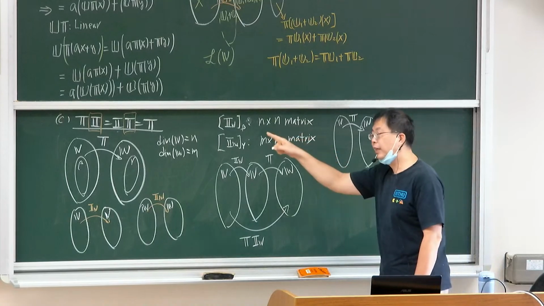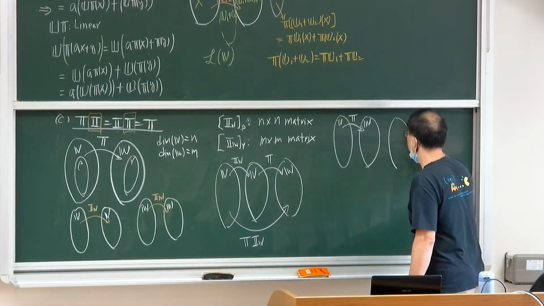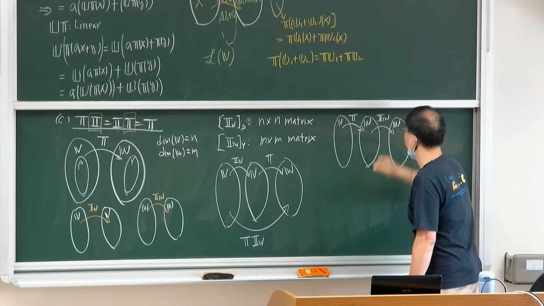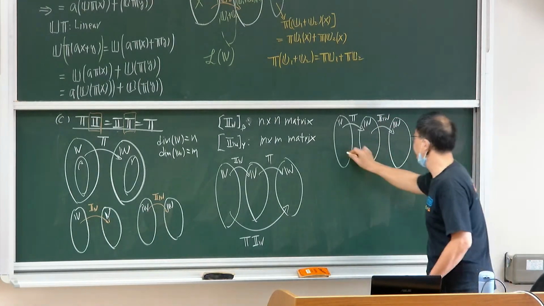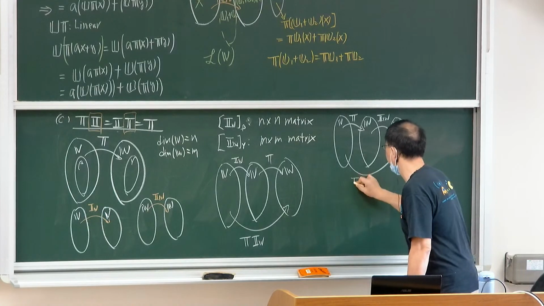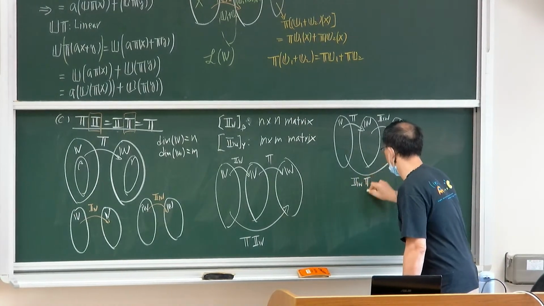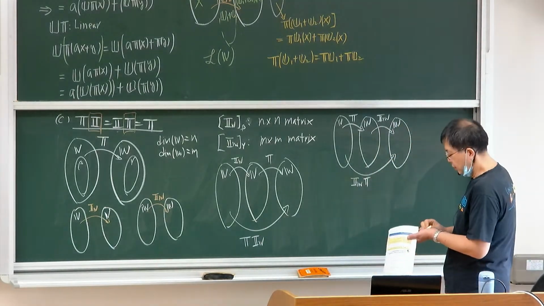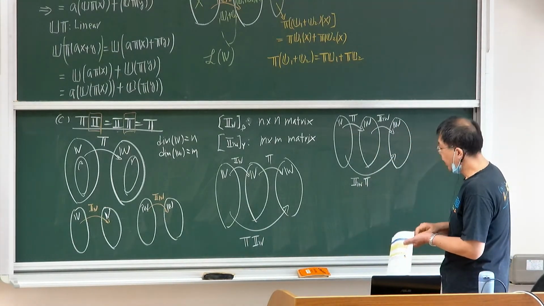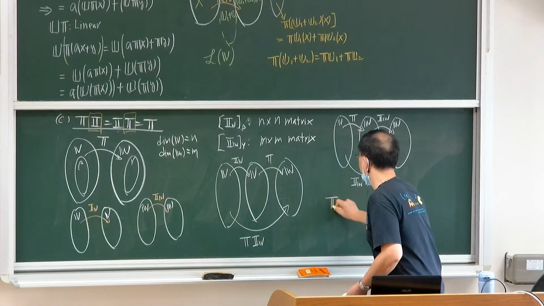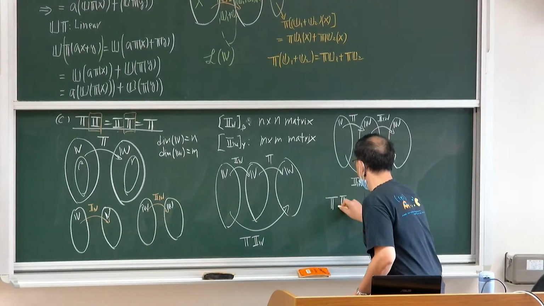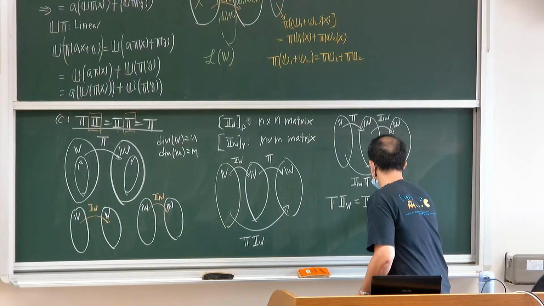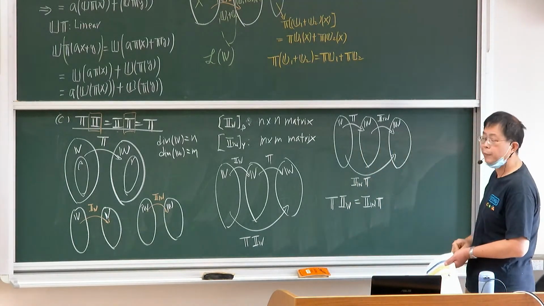But then I means the identity transformation in W. So the composition becomes I_W T. So if these two are identical, I have T I_V equals I_W T.